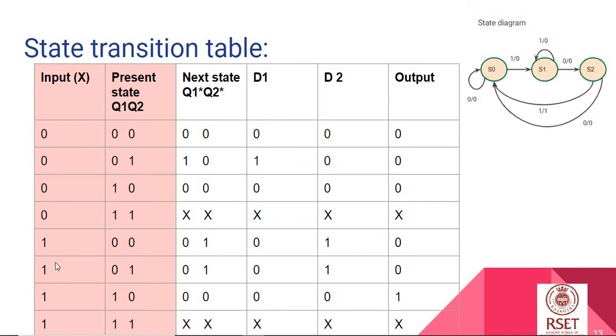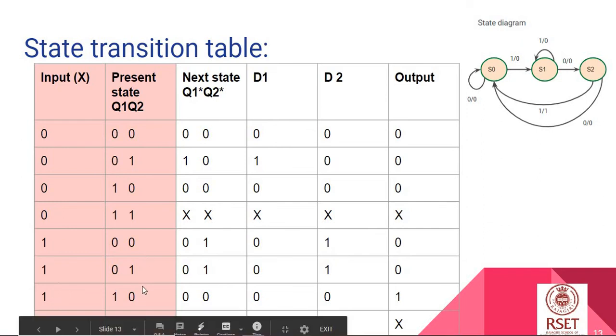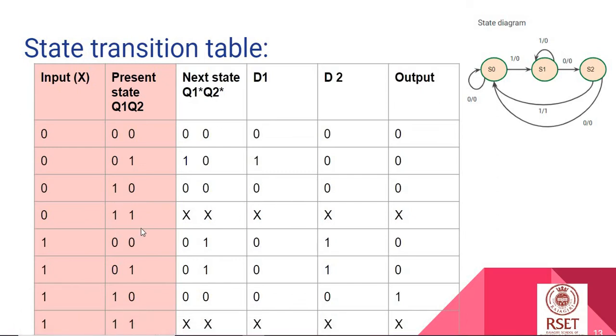Also we can have 1, 1, 1 when we are in these 3 states. Over here I have included the state 1, 1. We know that we don't have a state 1, 1, but still since we are using 2 bits, our 2 bits can also have the values of 1, 1. But it is considered a don't care case because we have not included that in our state diagram.